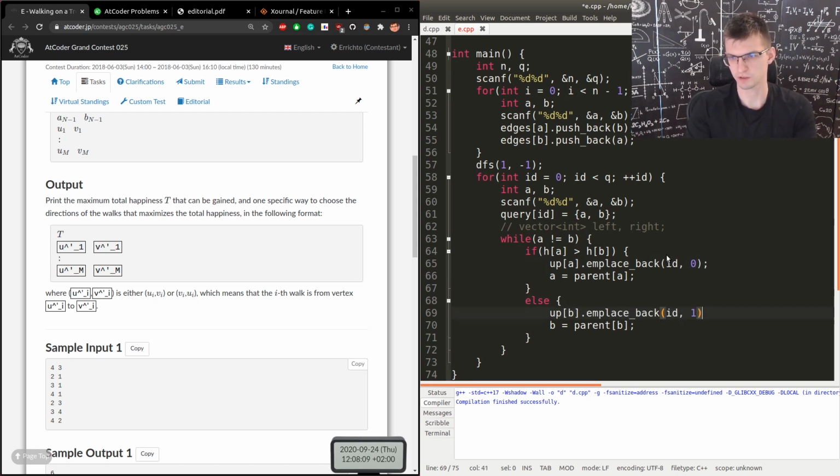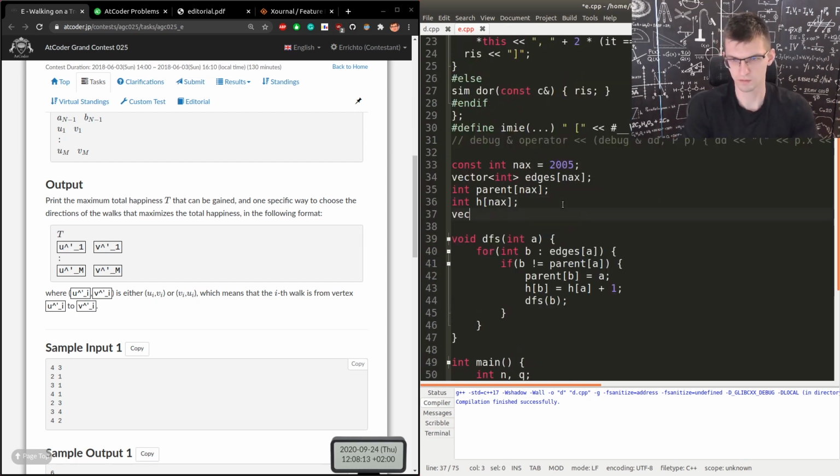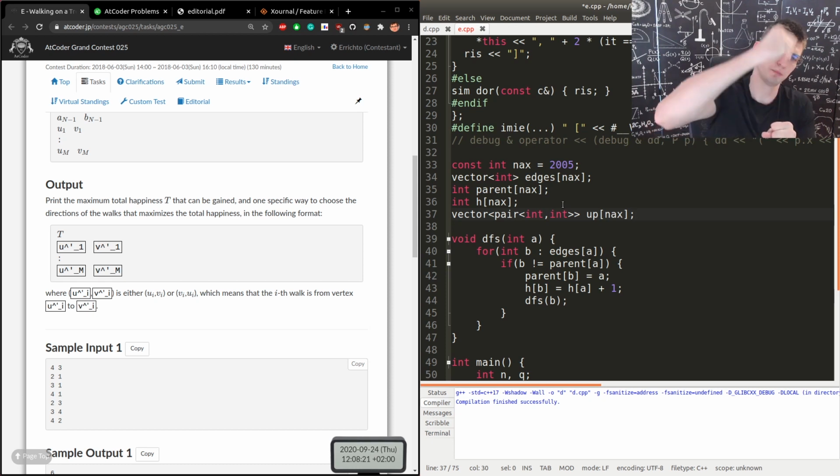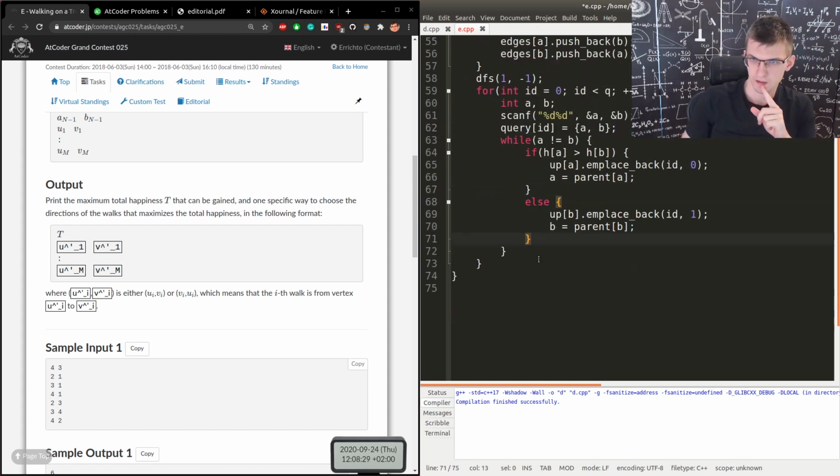It's ID of direction 1. Now I will know that there is red path going up from me, or there is red path going up from me, but it's in the other direction in the input. Okay.